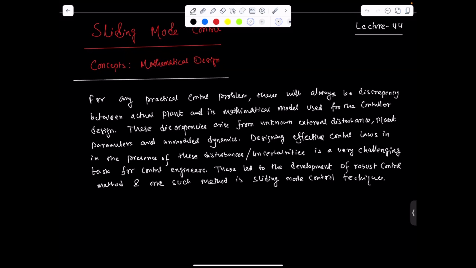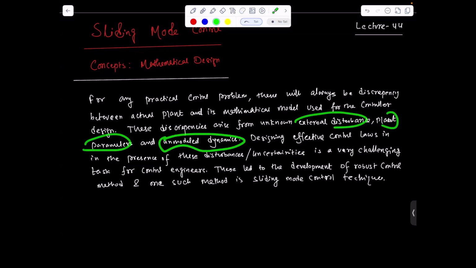So here, sliding mode control is a robust control technique. When the system is not properly known due to the unknown external disturbance, plant parameters, and unmodeled dynamics, how can we come up with an effective control which will provide a robust control algorithm or law?